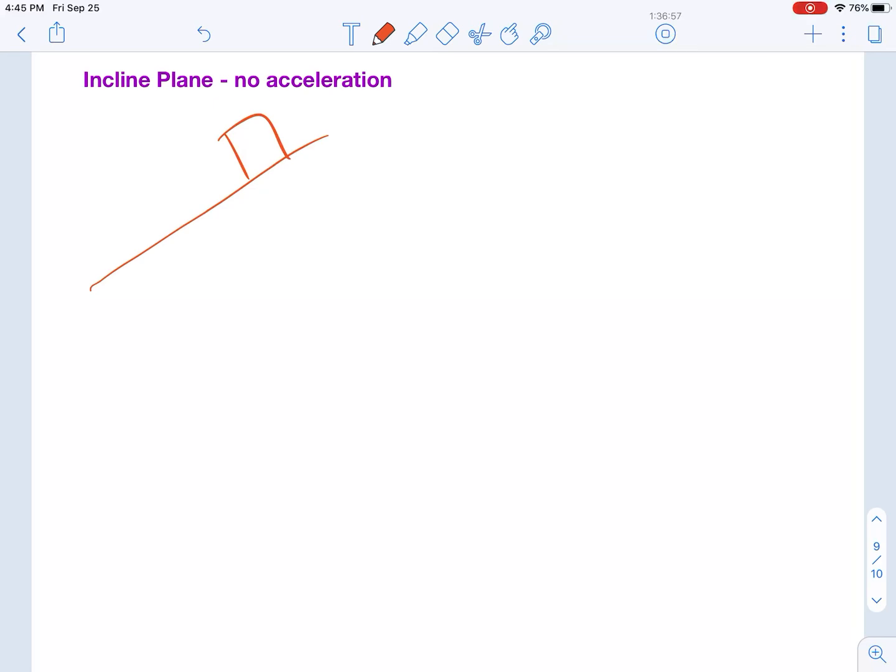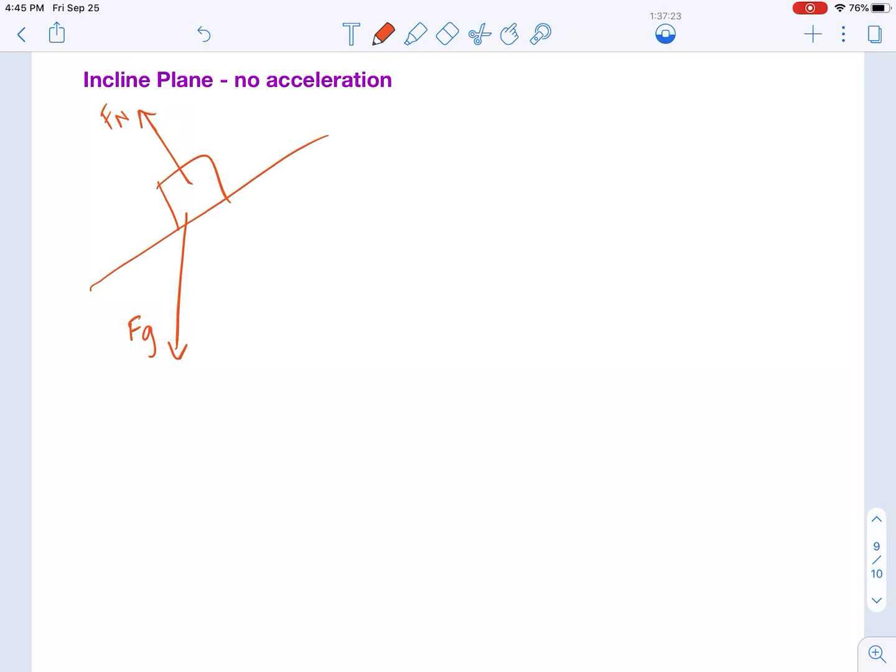We have our object. We have weight, force due to gravity acting on the object. There is contact between the object and the surface. So we're going to have our normal force. And if you recall from the notes, the normal force is always perpendicular to the surface, all right? So that's where that comes from.